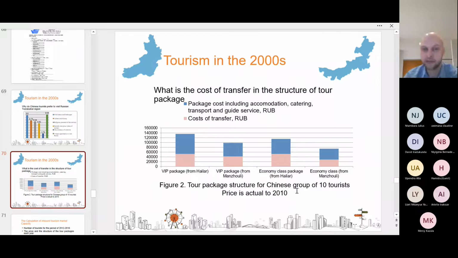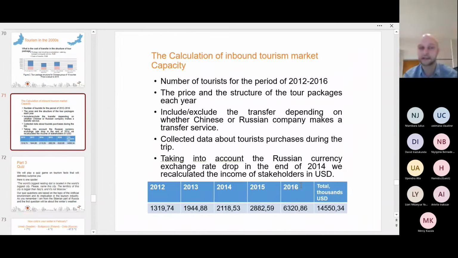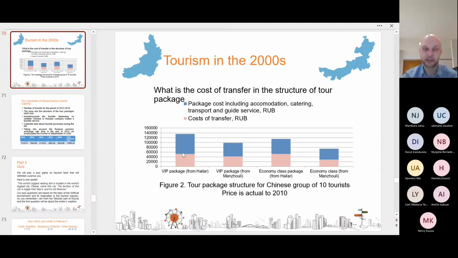In that period of time, I was working in a tour operator company till 2016. So that's why this data is really accurate. I mean, the structure is accurate because I was the person responsible for organizing these trips.